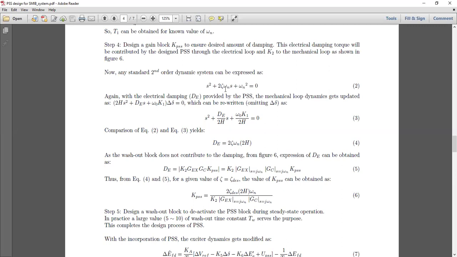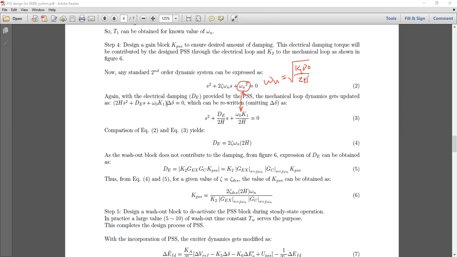Now you can make a similar conclusion. If you compare the coefficients of equations 2 and 3 respectively, you will find that 2 zeta omega n is DE over twice H, and omega n squared is omega 0 K1 by twice H. Interestingly, we get the same conclusion for omega n as we did earlier, K1 omega 0 by twice H, from our step number 1.